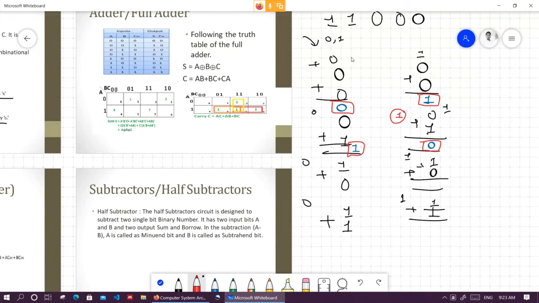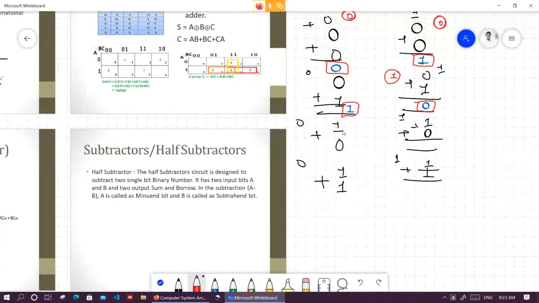So in this case carry out is 0, in this case also carry out is 0. Now coming to the fourth addition, 0 1 plus 0, so sum will be 1 only and carry will be 0. In this case 1 plus 1 plus 0, so sum will be 0 and 1 will be the carry.